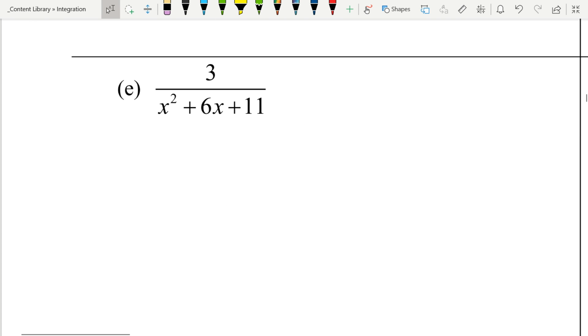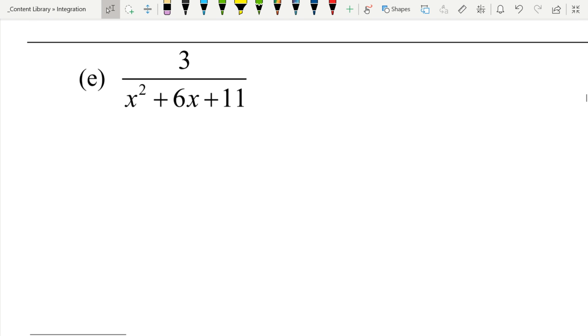But for E, okay, first of all, E is a quadratic again, but it's not in a good form. So what we need to try is to complete the square first, because I need 1 plus gx squared. So I need to complete the square to see what could happen first. So I'll just quickly complete the square.